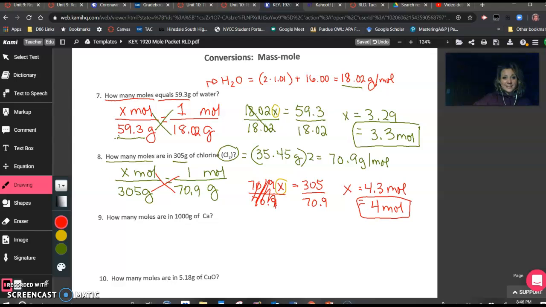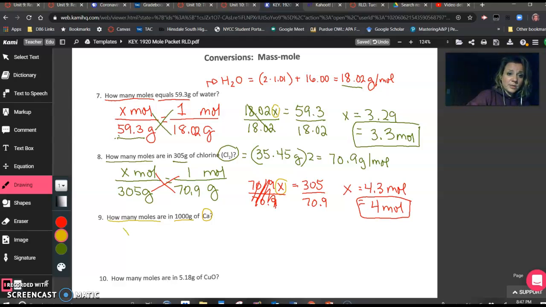All right, so that's our second one. Here's our final example. For this problem, we're told that we're looking for moles again because it says how many moles, and we're equating moles to 1,000 grams, and the substance that I'm using in this problem is calcium.